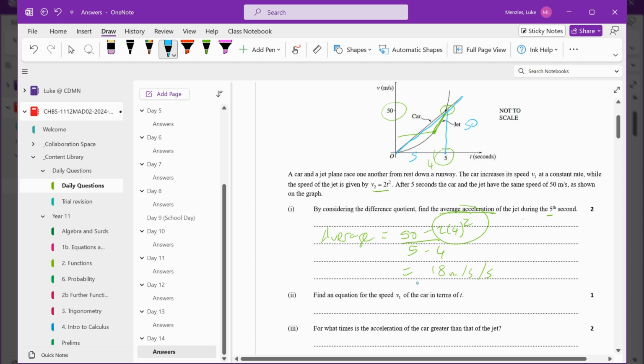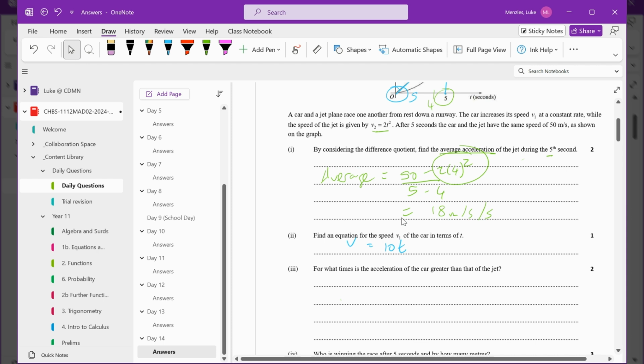And it asks for it in terms of t. So this time I'm going to say V, sorry, V, not V1, is equal to 50 over 5, which is 10t. And the y-intercept is 0. So that's not a bad one.